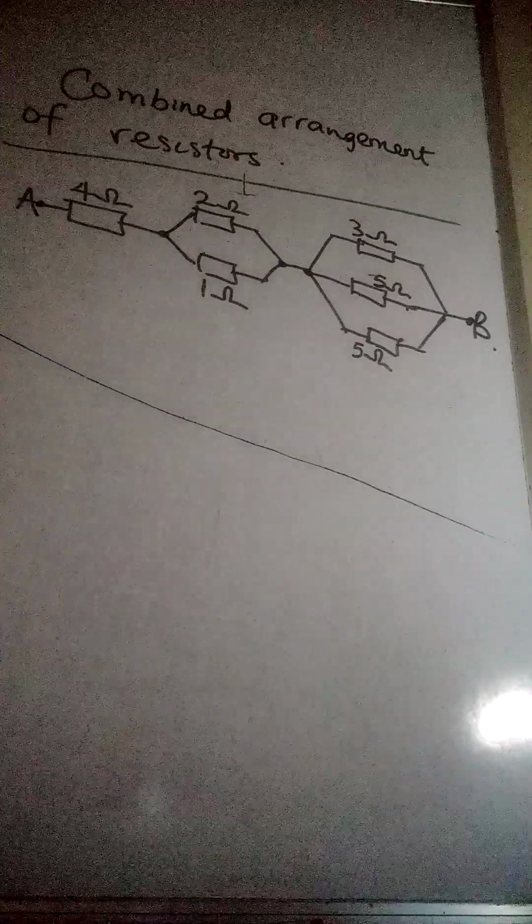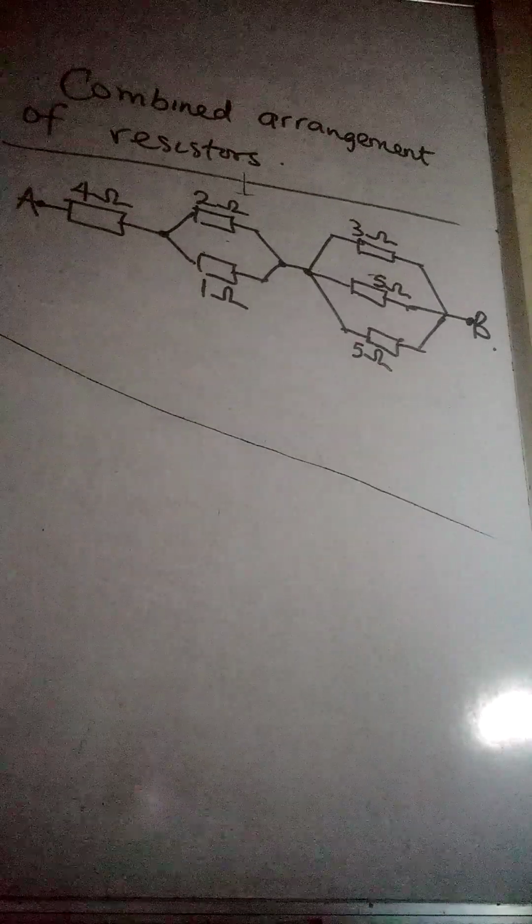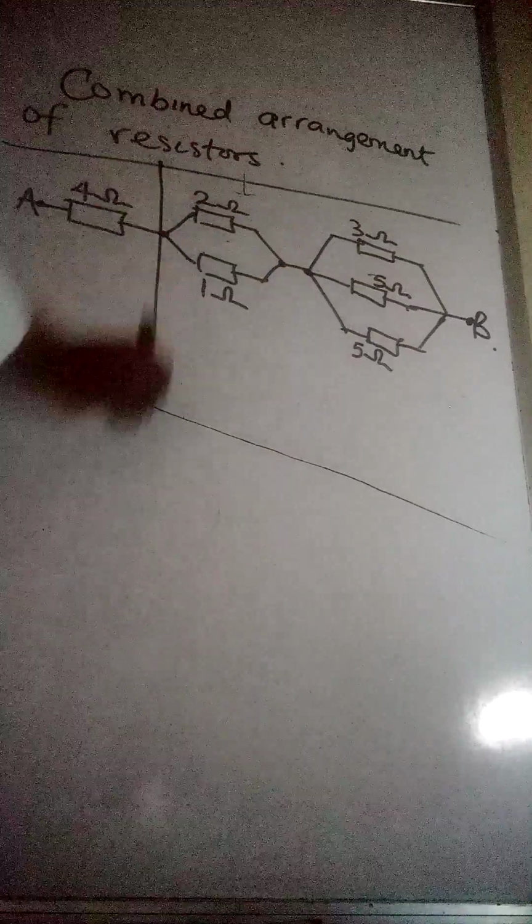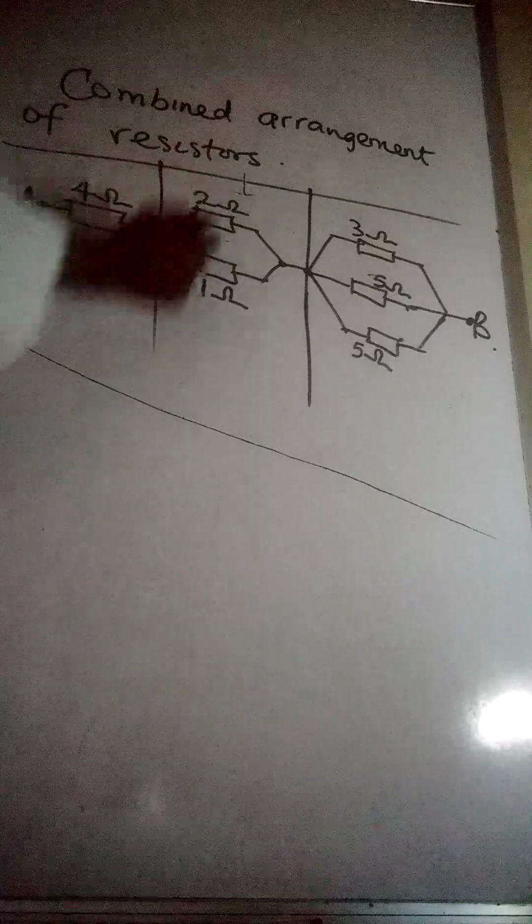This is an example of a question on combined arrangement of resistors. If you look at this diagram, you will notice that we can section it into 3. 1, 2, 3. So this section, by mere looking at it, what arrangement is this? This is parallel. That means you will apply the parallel formula to solve this.